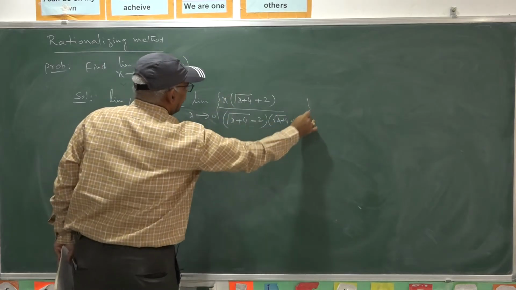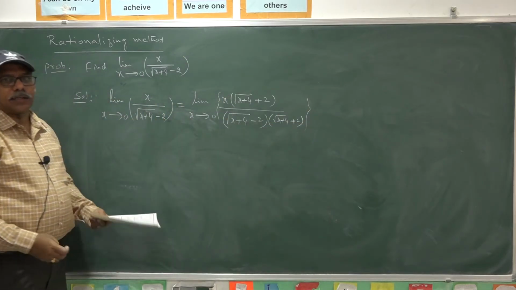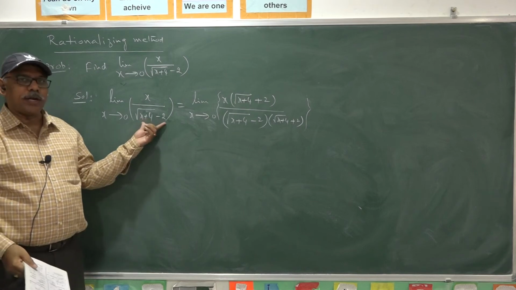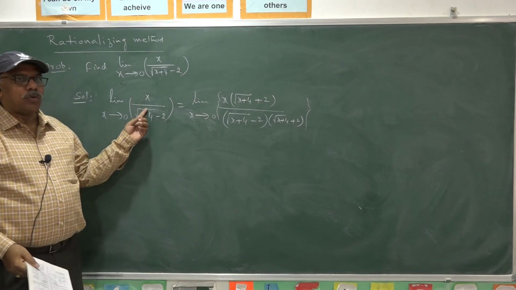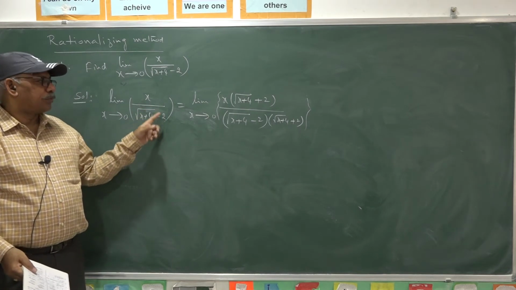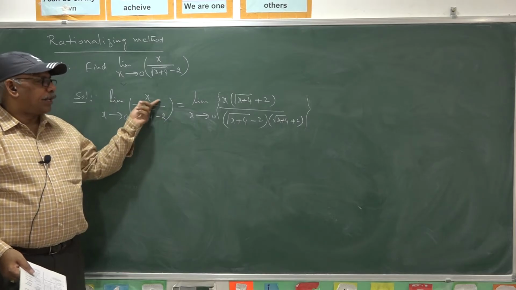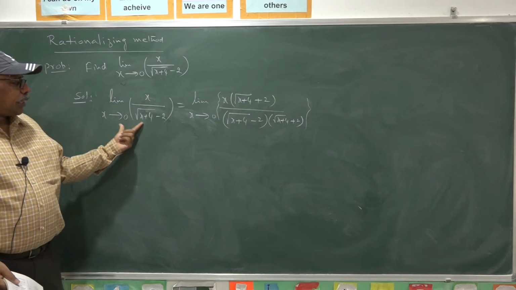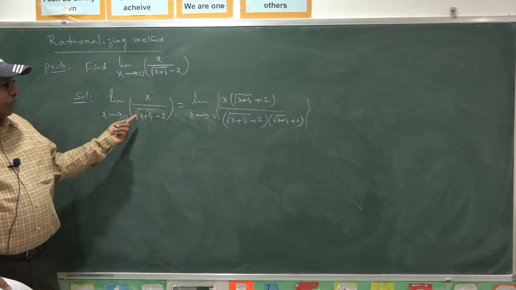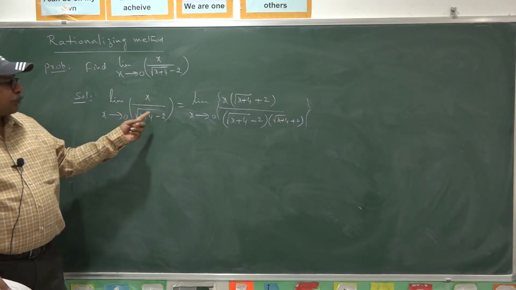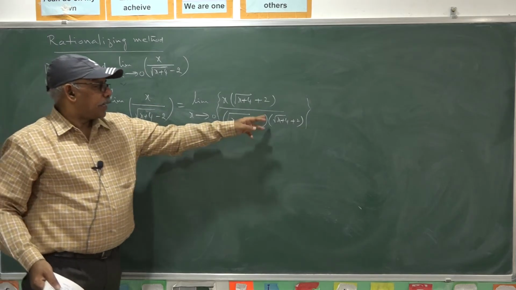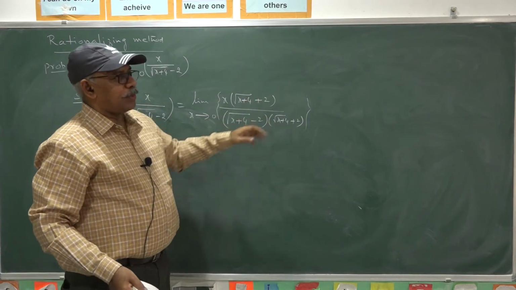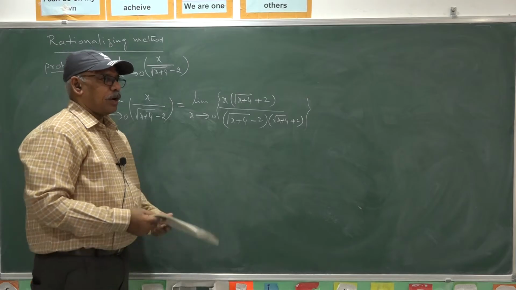Here the rationalizing factor of the denominator is clearly root x plus 4 plus 2. I am multiplying the numerator and denominator with that factor to rationalize the denominator.